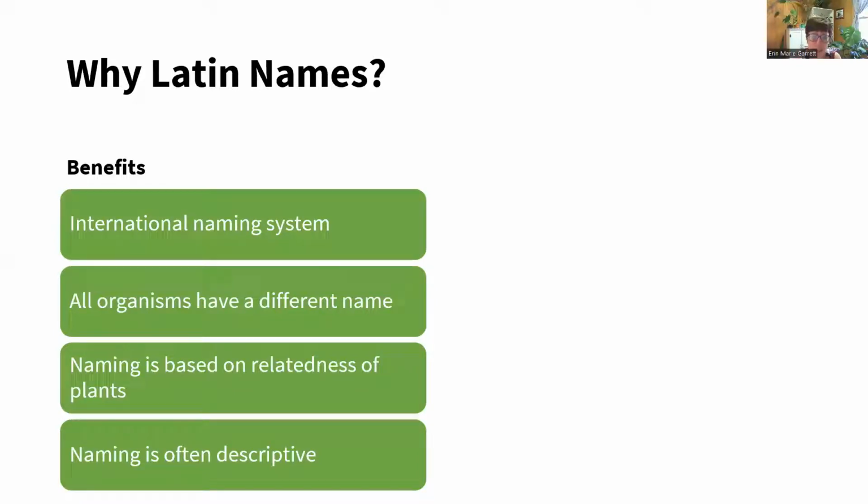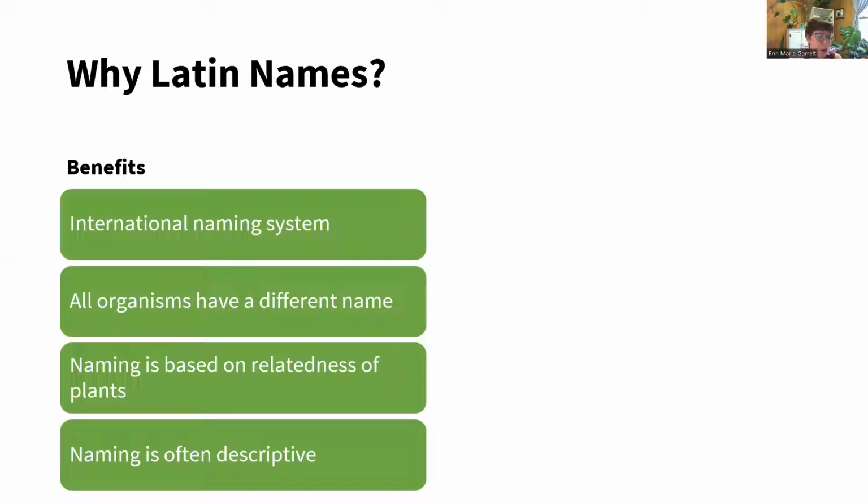There's one standard accepted language that everyone is familiar with, rather than having 40 different common names, right? With this system, every organism has a different name. There are no repeats of names, and it still allows for subspecies, varieties, cultivars, all of that.